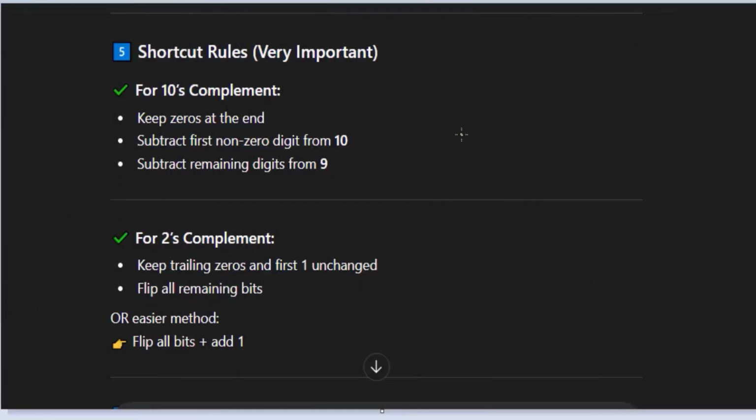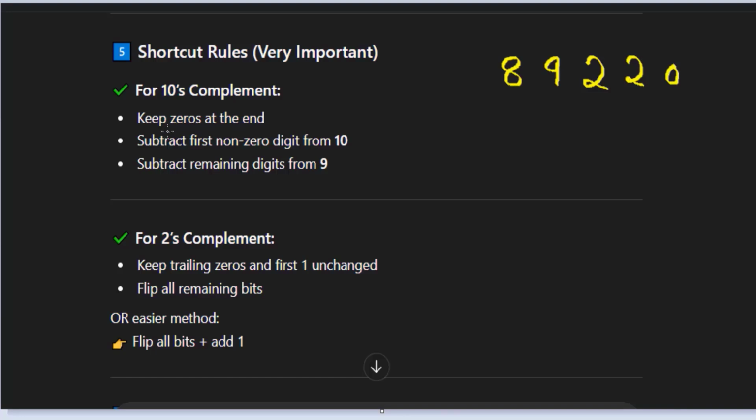So here I am writing these rules just to make it easy and also easy to remember. For tens complement we have to keep zeros at the end, subtract the first non-zero digit from 10, and then subtract the remaining digits from 9. Like, using R's complement, I have to find the tens complement of 8922 having some zeros.